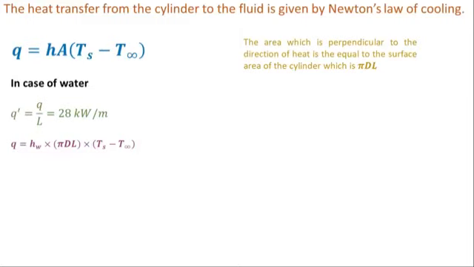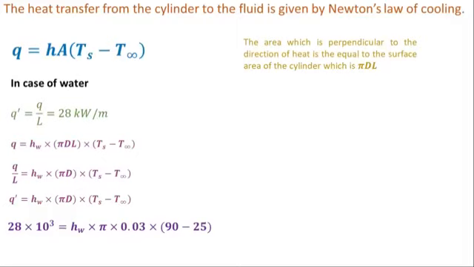Ts is the cylinder temperature, and T∞ is the temperature of water. By just rearranging this equation, we have found that Q', which is the heat loss per unit length, is hW π d (Ts − T∞).